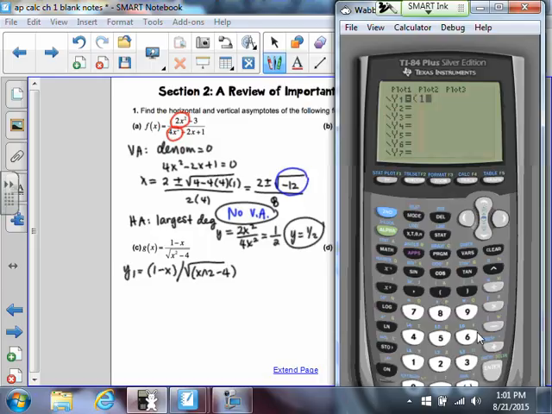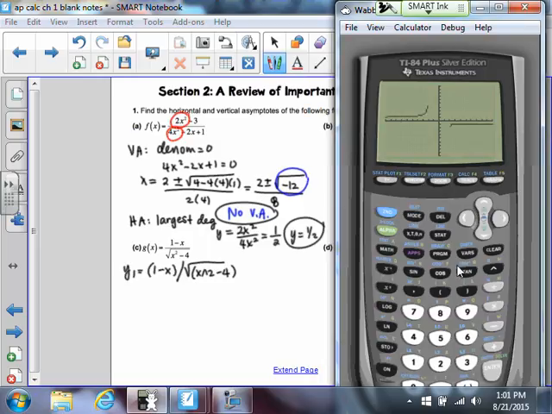It takes me forever to do this because I have to click every single thing, so bear with me. If you're ever watching the video, you can always fast forward. All right, so I have x squared minus 4. Okay, we're going to hit graph.